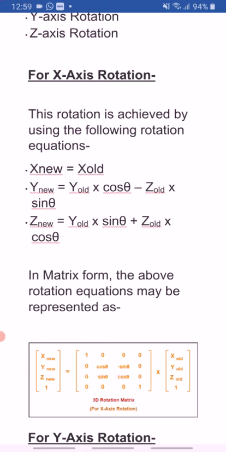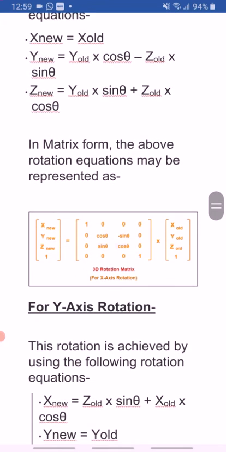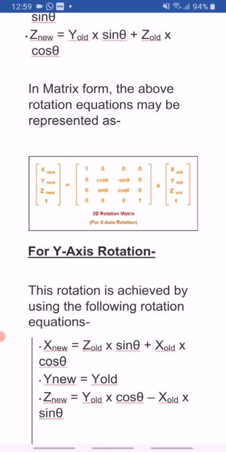And we can find z new by using the equation z new equal to y old into sin theta plus z old into cos theta. And we can represent x-axis rotation as a matrix also, that is shown in the picture.